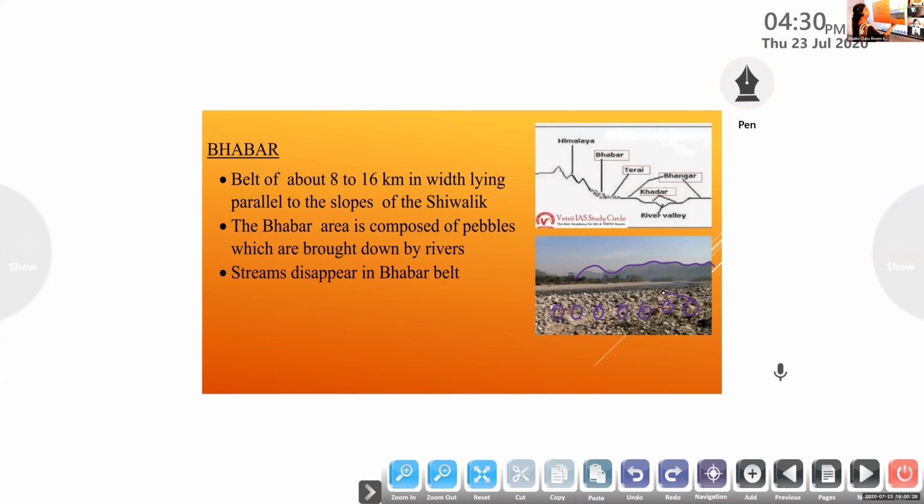But we cannot see rivers over there. Can you see rivers? No, but it is wet. Some part of this area is wet. Here we have pebbles. Is it clear?